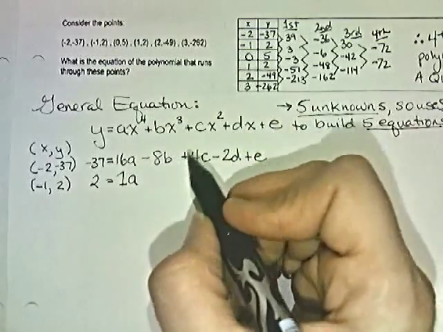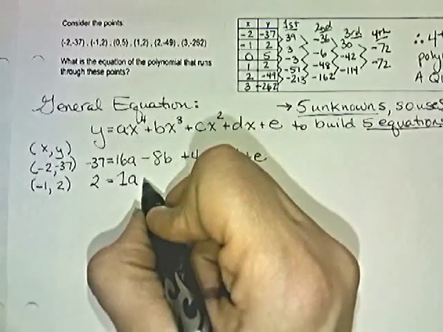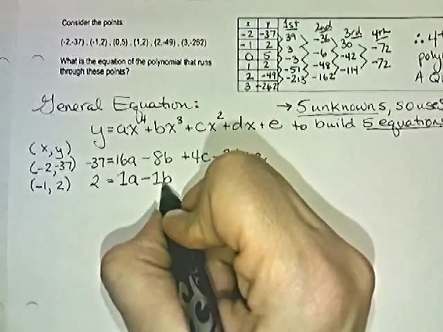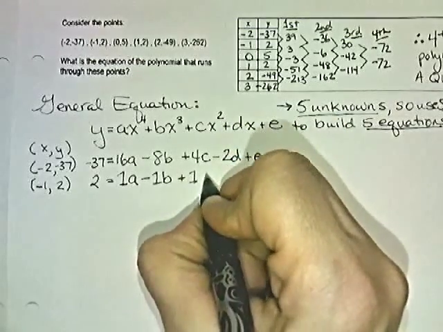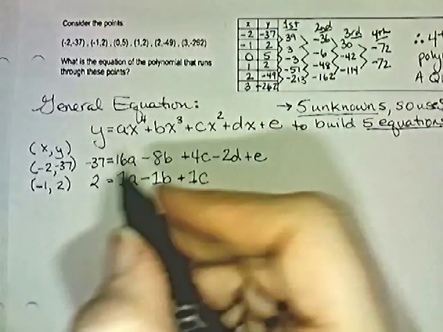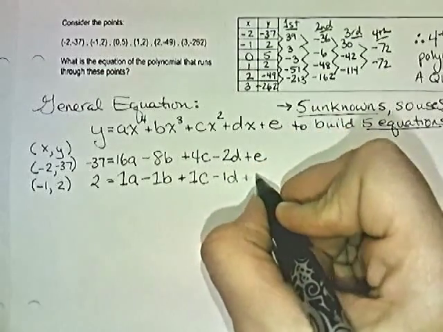Trust me on that one. If I have -1 and I cube it, it will be -1, so I'll have -1 of these B's. If I square it, it'll be +1, so I'll have +1 of these C values. And then finally, I will have -1 of these D values plus my E.